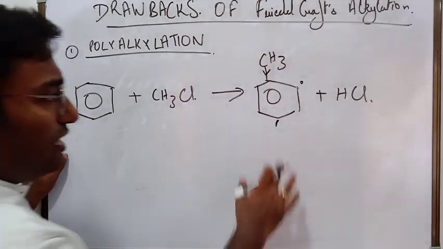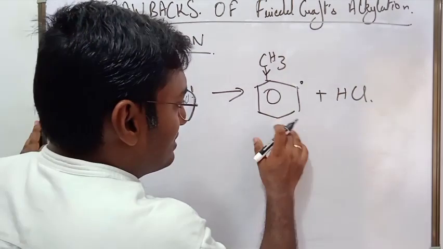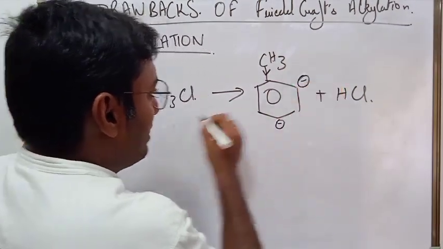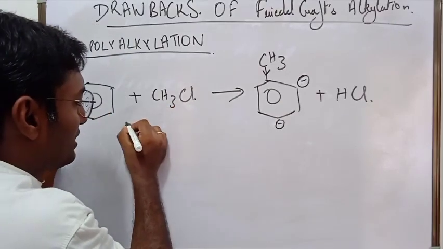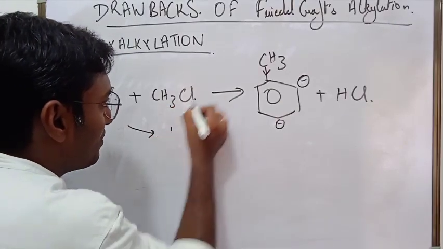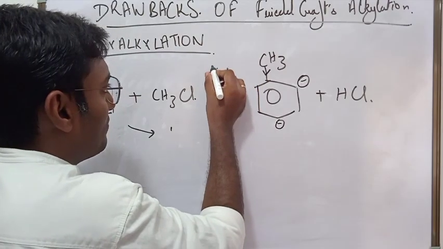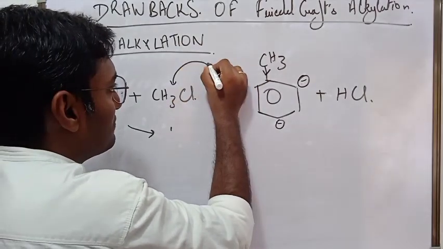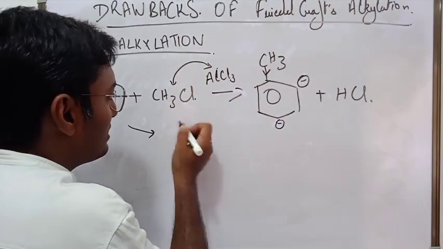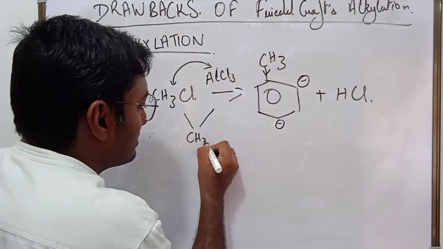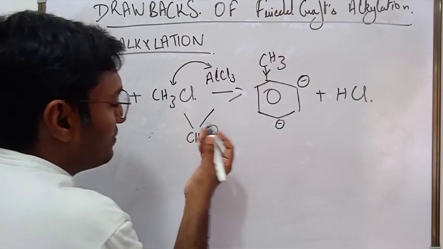Now when the electron density increases at the ortho and para positions, then when the next electrophile comes, when CH3Cl reacts with AlCl3 and the next electrophile CH3+ comes out of this reaction, where would it attack?